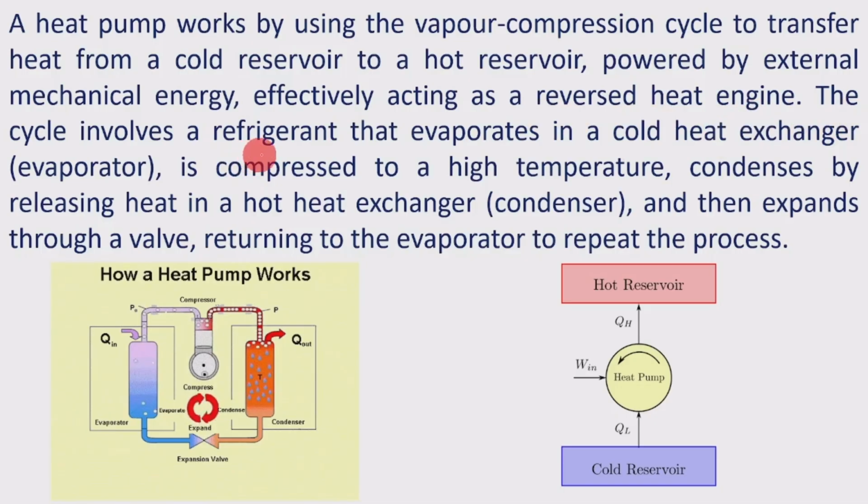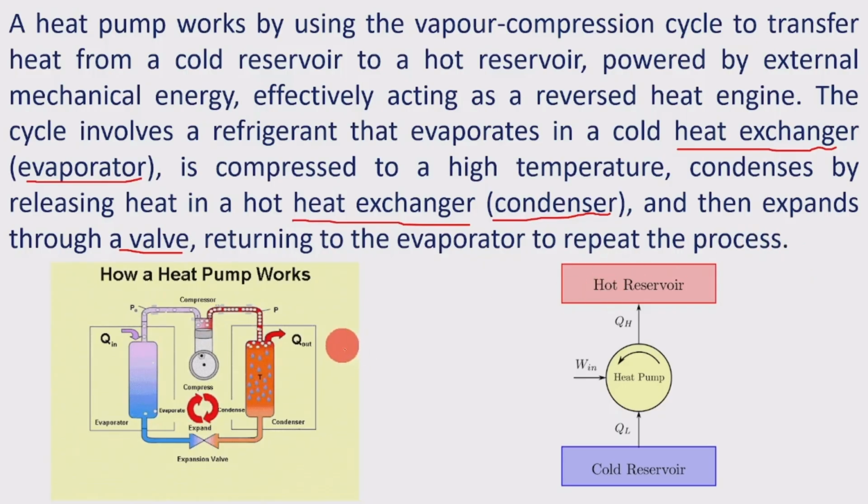The cycle involves a refrigerant that evaporates in a cold heat exchanger, that is called an evaporator, and is compressed to a higher temperature and condenses by releasing heat into a hot heat reservoir, that is called a condenser, and then expands through an expansion valve, returning to the evaporator to repeat the process.